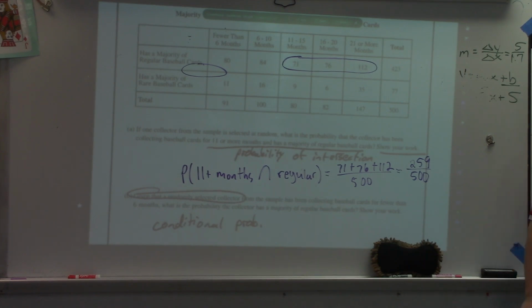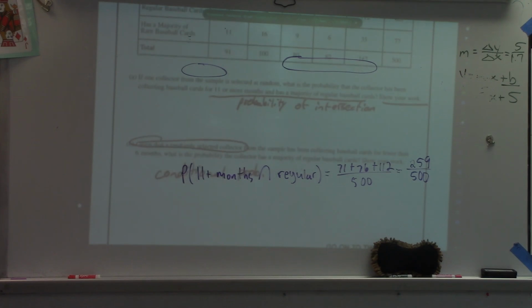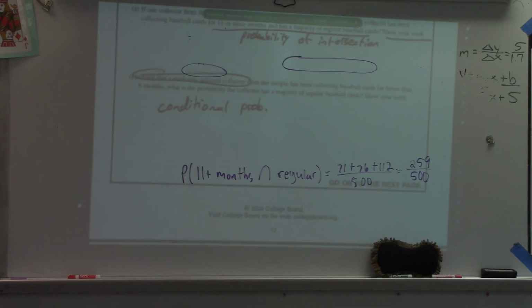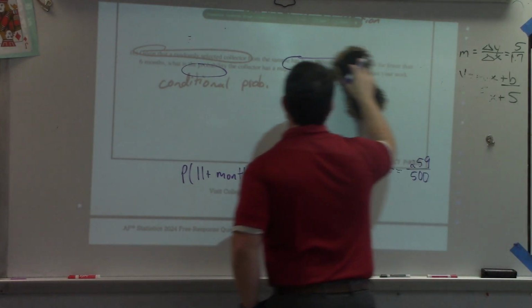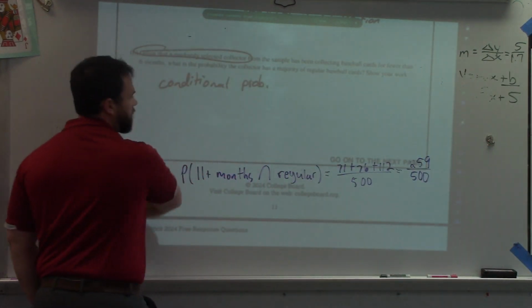I don't understand when to divide by the row total or the total. Divide by the row total or the total? So remember, what you are referring to is conditional.